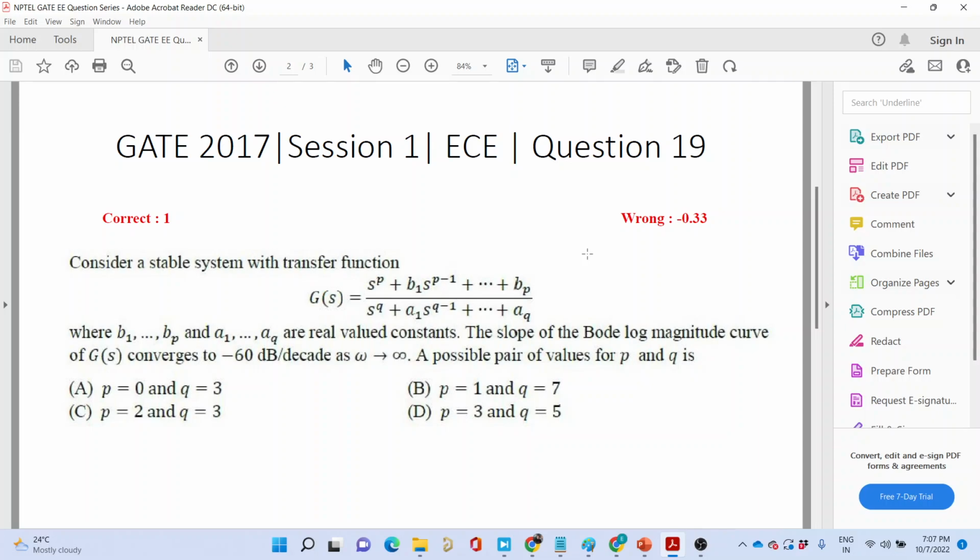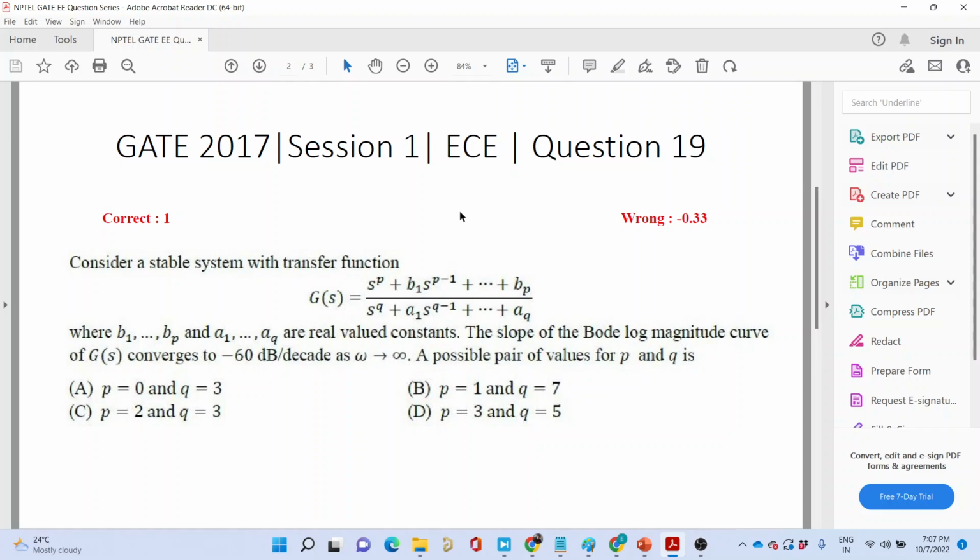Hello, Navkirti. I was talking to you. Yes, sir. So see, the logic must be very much clear. Why are you saying option A? Each pole is going to contribute minus 20 dB per decade, and each zero is going to contribute plus 20 dB per decade. So at omega tends to infinity, what is the slope that you would get?